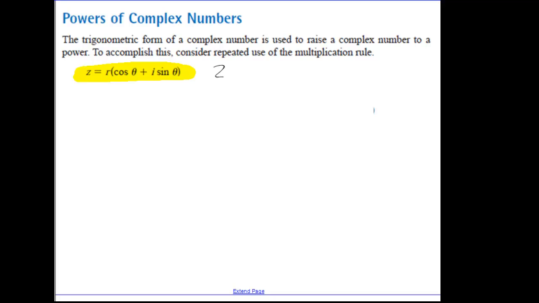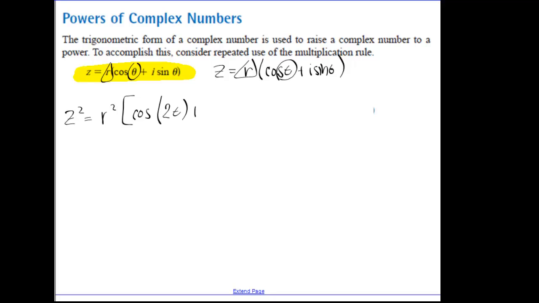If we multiply z times z, or come up with z squared, we multiply our moduli, so r times r would be r squared, open parentheses, cosine, we add our arguments, theta plus theta would be 2 theta, plus i sine of 2 theta, close brackets.